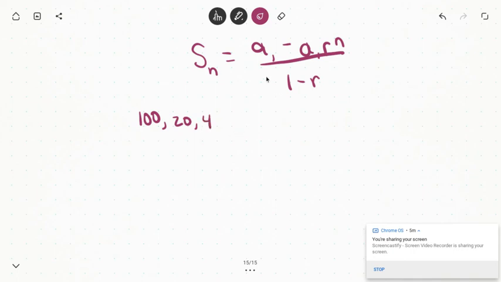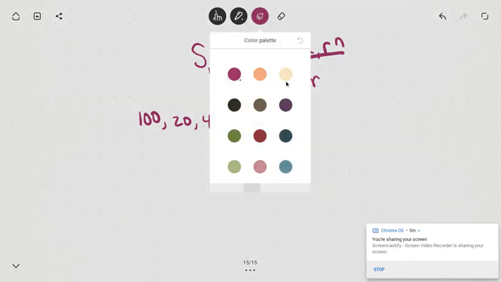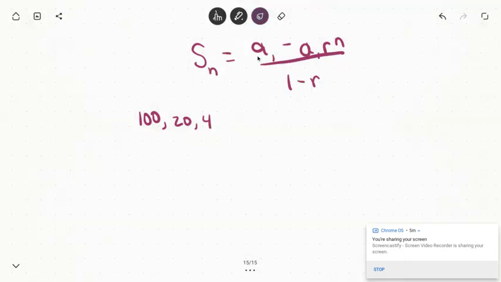What we need is to know what the first term is, what the R value is, and then, of course, the first 5 terms means n is 5. So do we need to find the first 5 terms and add them together? We can certainly do that, but what if it said find the sum of the first 50 terms? So to find the sum of the first 5 terms, we just need to know these things here.